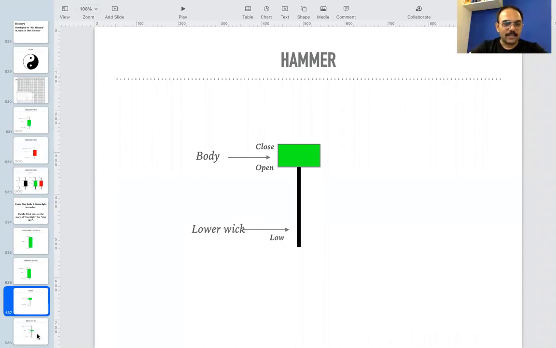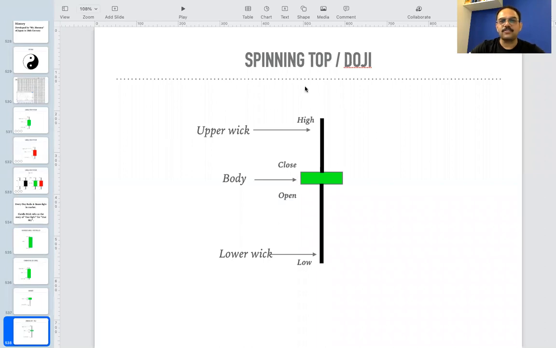Here, this is called a spinning top. It started here, the market went down, bulls pulled up, it went up, then again bears pulled down, and finally it closed very near to where it started. This is called a spinning top.